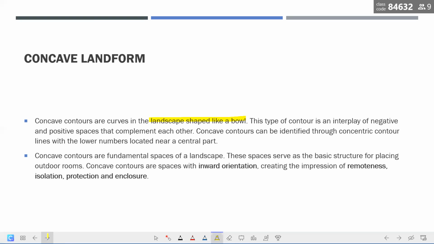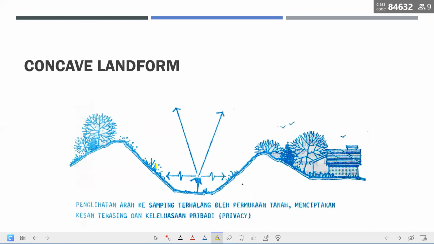Here's a bit of a highlight on concave landforms. They act as visual barriers, and the good thing about that is that concave landforms then have a higher degree of privacy compared to flatlands. And again, it's not only privacy for the sake of privacy.